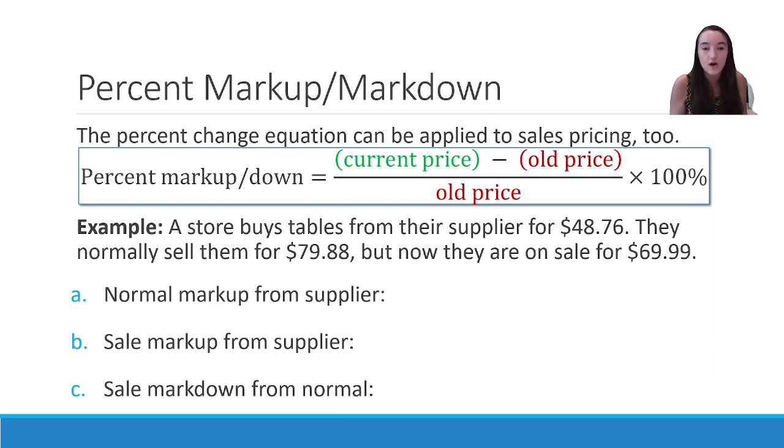So to figure that out, our reference amount, our starting amount, will be the supplier's price, $48.76. And our current price, or the changed price that we're looking at, is the $79.88, because that's going to be our normal markup, okay? So in other words, we get this formula.